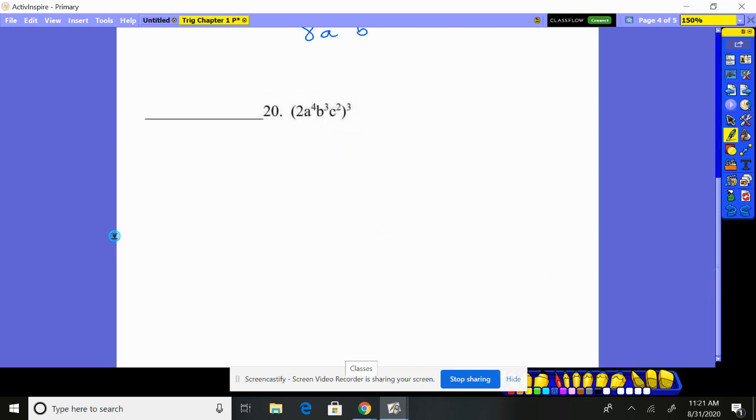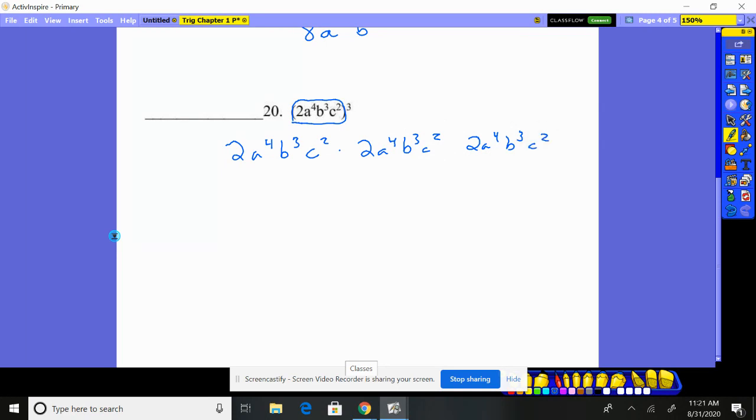And here's 20. That whole thing to the third. So we have 2, a to the 4th, b to the 3rd, c squared, times another one, a to the 4th, b to the 3rd, c squared, times another one.